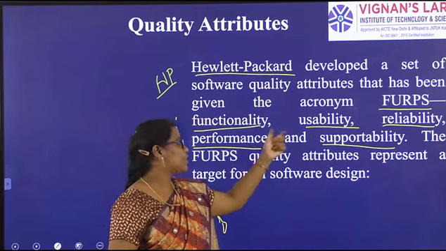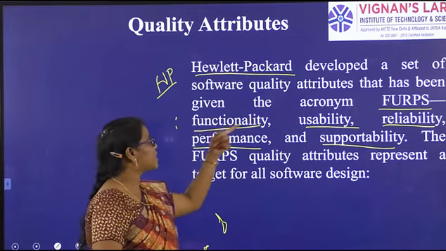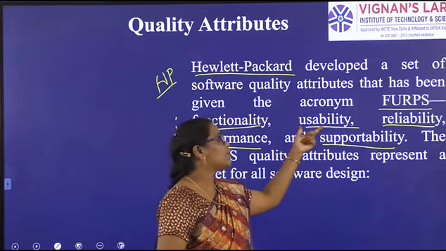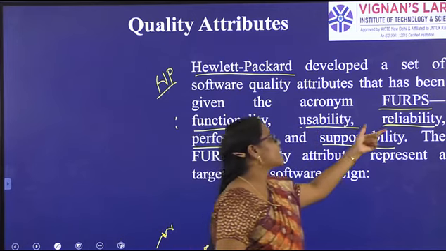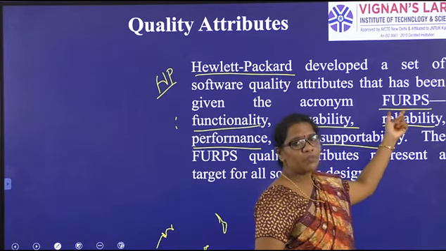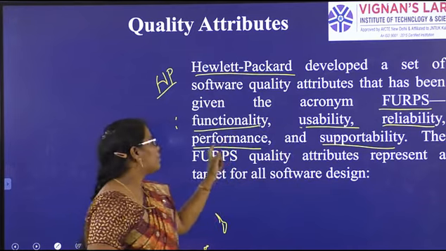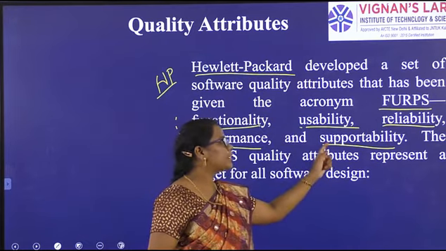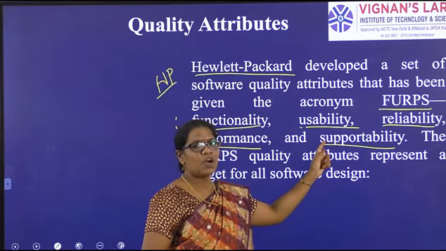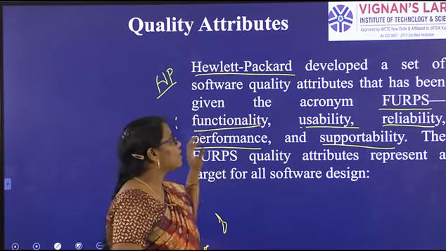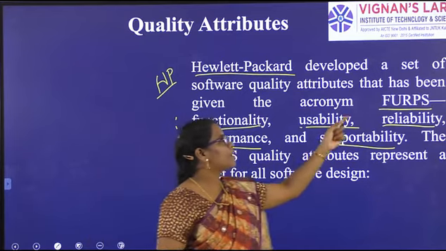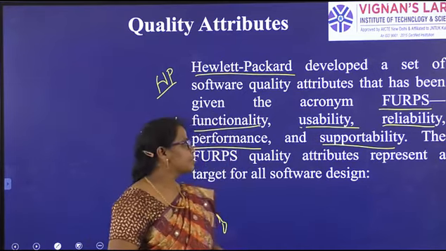The first letter of functionality is F, of usability is U, of reliability is R, in performance P, and in supportability S. Okay, so like that it has given the acronym FURPS for the software quality attributes.